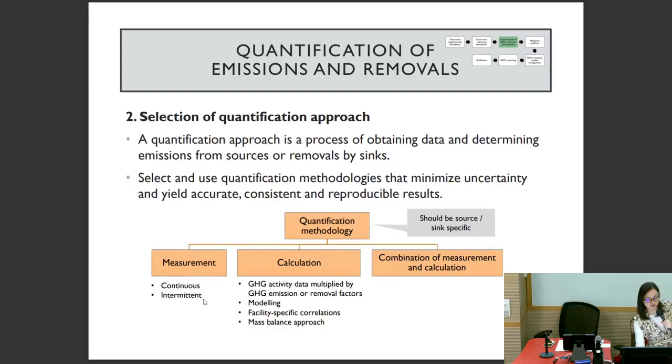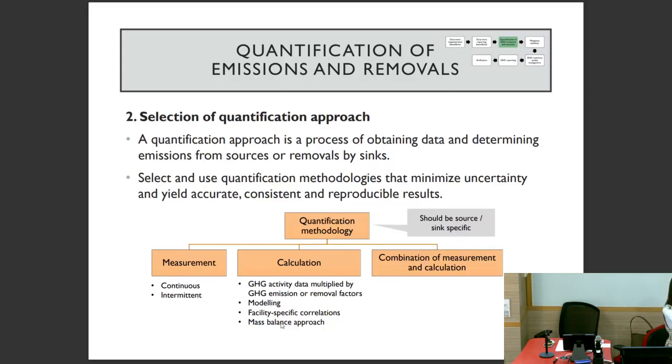As far as possible, use the most accurate method. And by calculation, using greenhouse gas activity data, maybe the diesel oil you consumed, multiplied by the greenhouse gas emission factor, or maybe some modeling. Maybe you use some equation, some computer modeling method to simulate the amount of carbon dioxide emitted, based on a mass balance approach.